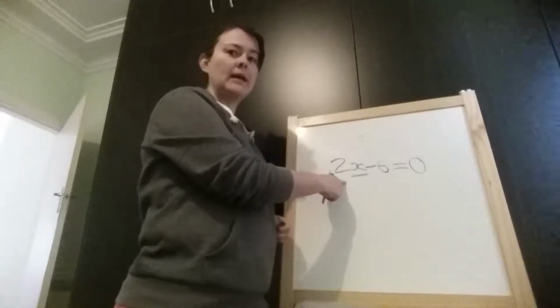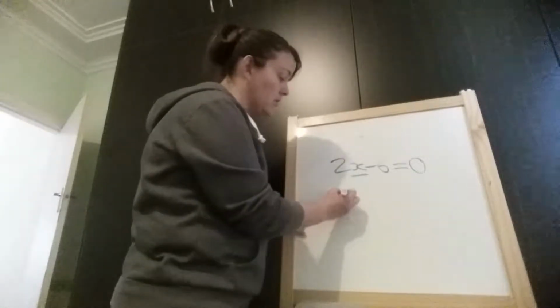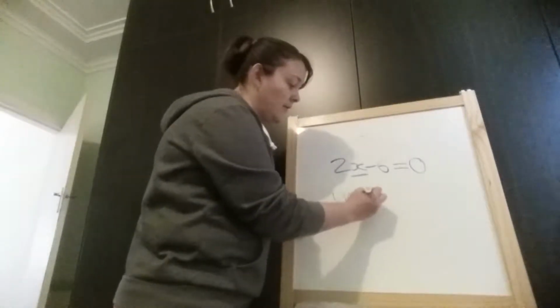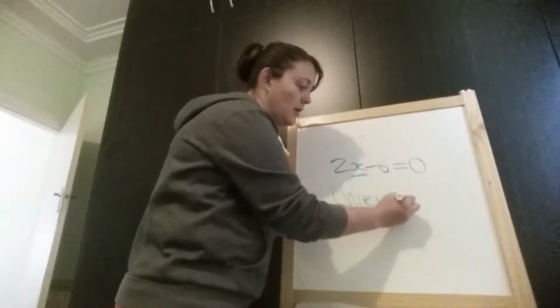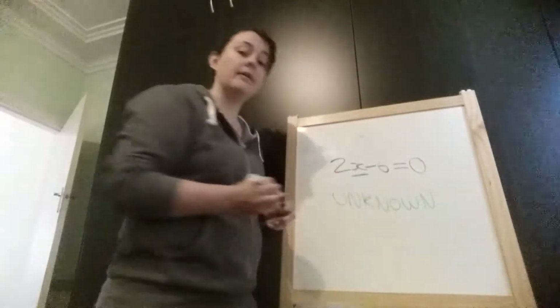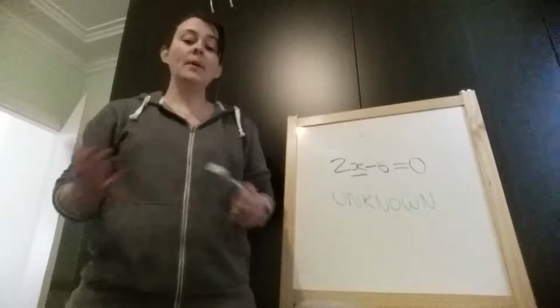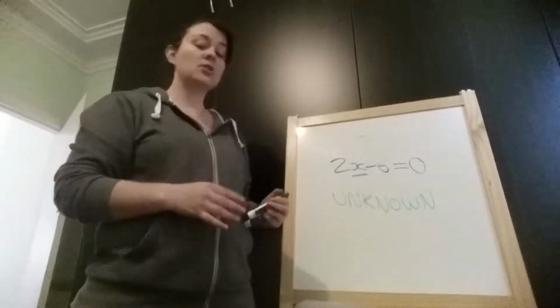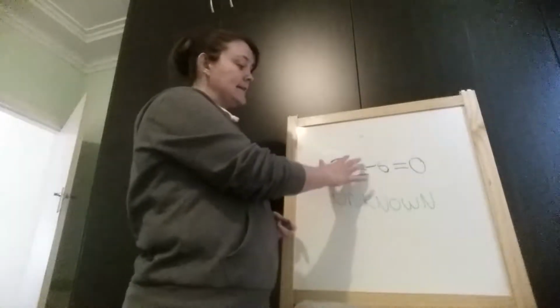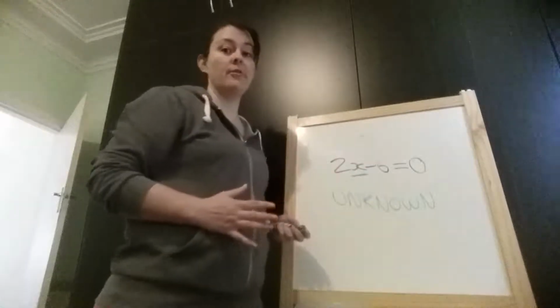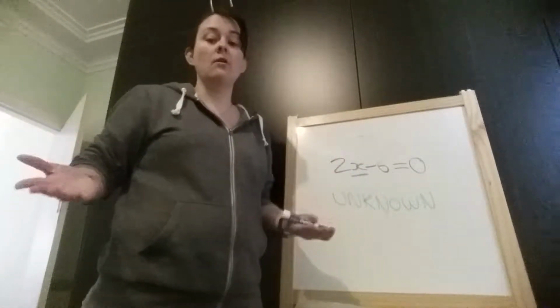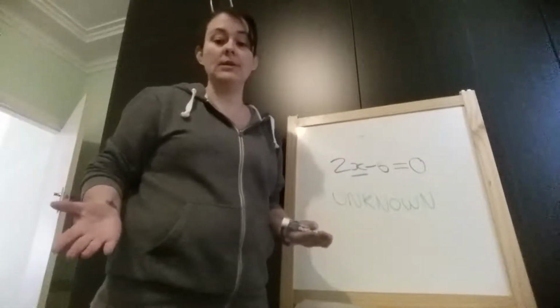So rather than being a variable, it's now called an unknown. So what we're going to be looking at today is how we find the value of our unknown. So what is the value of our pronumeral in the equation?